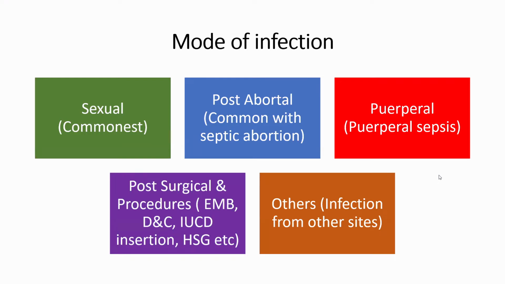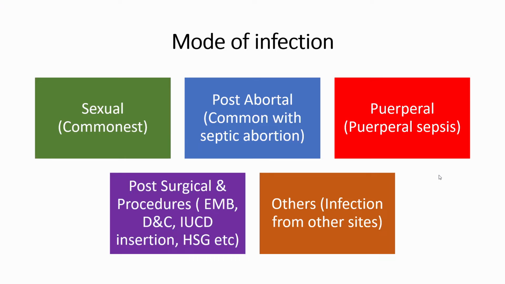Others include following any invasive procedure, or following abortion, which is common after septic abortion, and post-surgical or any post-procedure like endometrial biopsy, dilatation and curettage, and intrauterine contraceptive device insertion like copper-T, Mirena, the hormone-medicated one, or normal copper-T, that is what we call copper-T 380A.